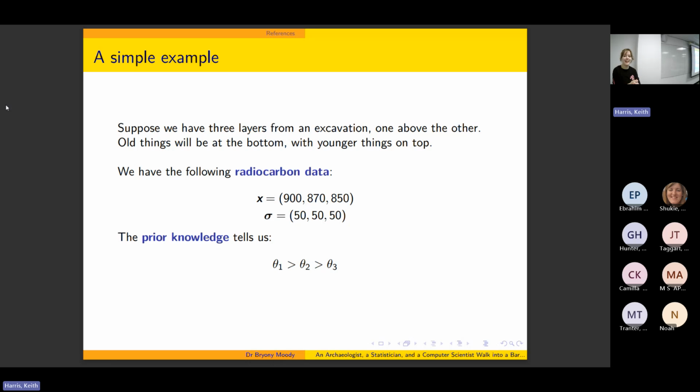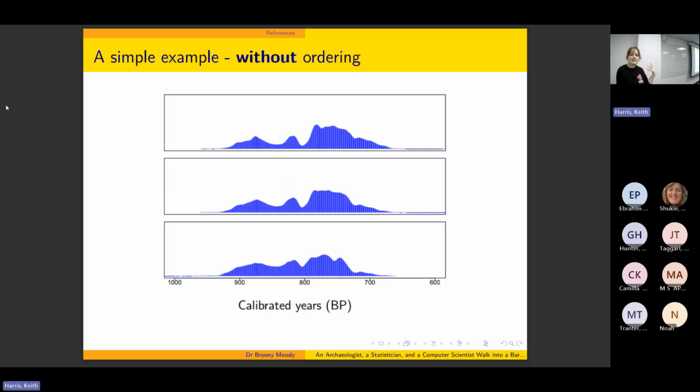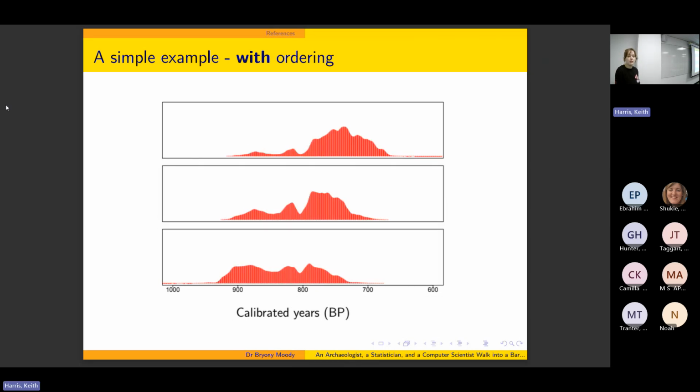Okay, so here we've got our prior knowledge. It tells us that theta1 is older than theta2 is older than theta3, and that would go in my indicator function. Now, this is a simple example without ordering. These are what they look like when they're calibrated: very multimodal and very wide as well. And then this is what they look like with ordering, which is not massively different, given that there are only 3 dates.